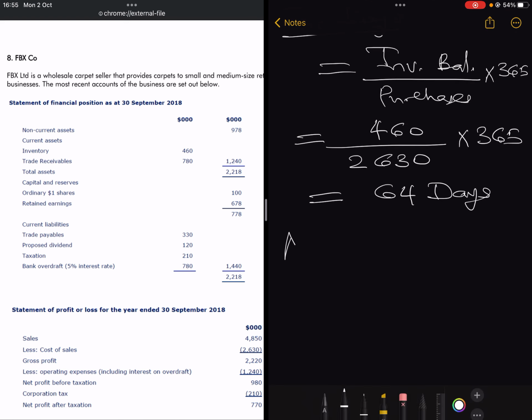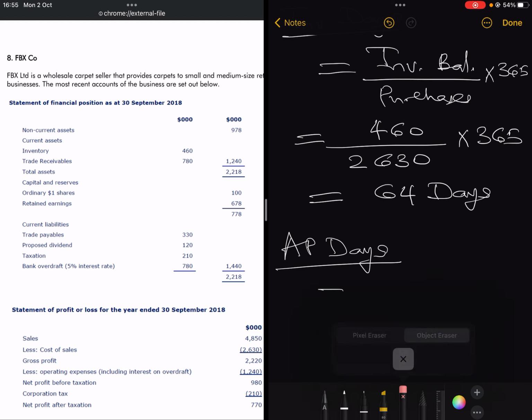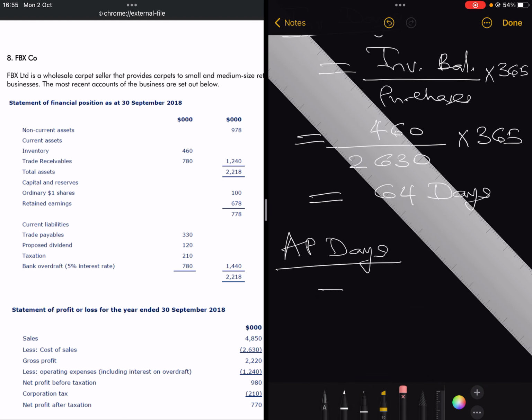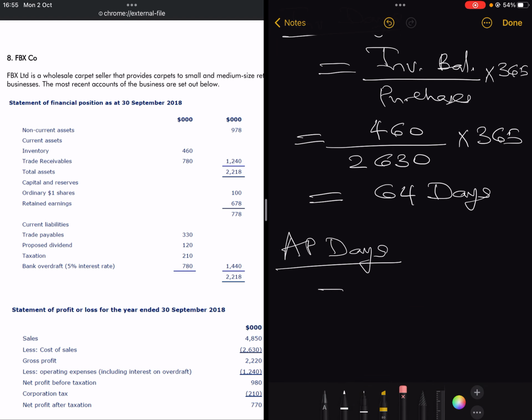Then lastly is AP days, which equals AP balance divided by cost of sales multiplied by 365.